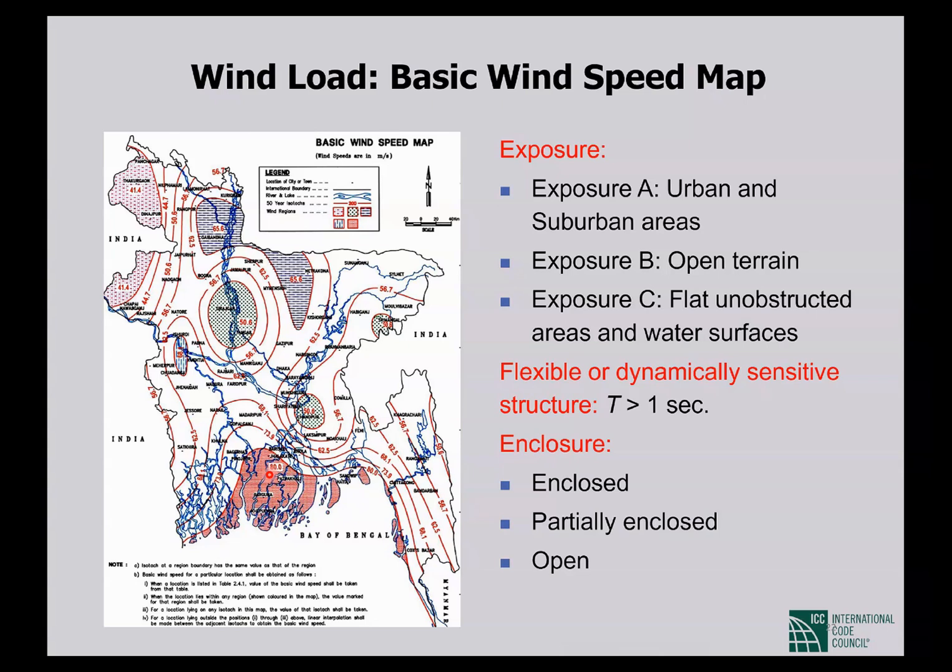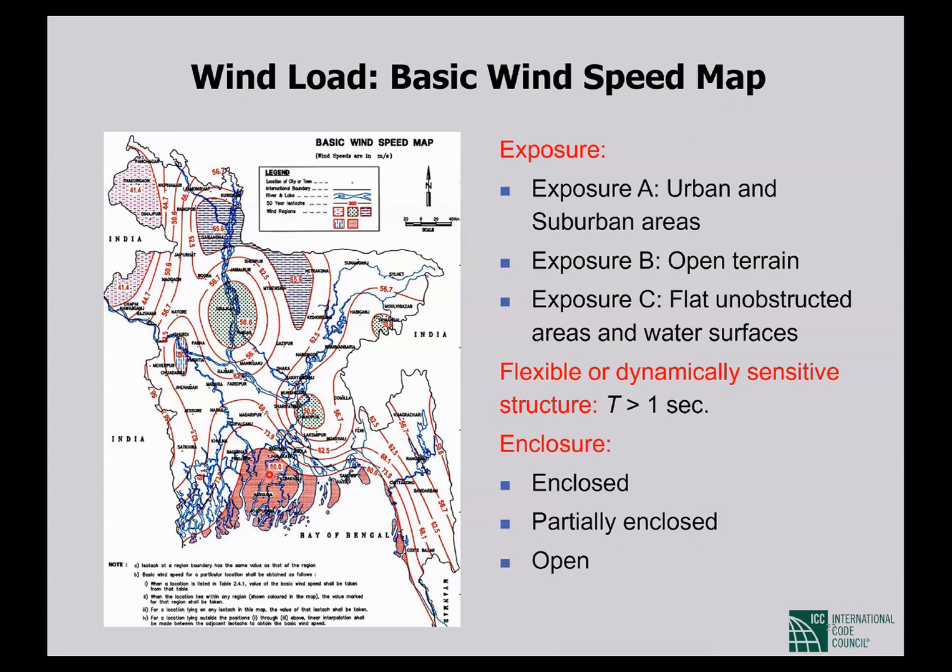The previous version of the code was based on fastest mile wind speed, a different method of measuring wind speed. And this time, this is 3-second gust wind speed. So the basic method of measurement is different, and there is a conversion for that. ASCE 7-05 follows 3-second gust wind speed, and our previous version of the code followed fastest mile wind speed. So we needed a conversion for that. That's why the values are different, but the contours are the same.